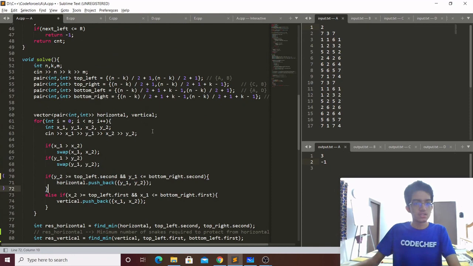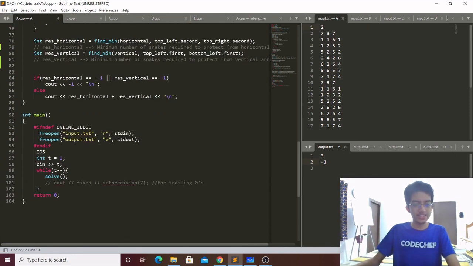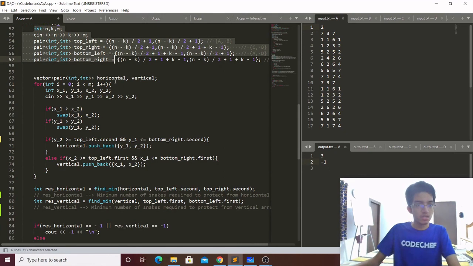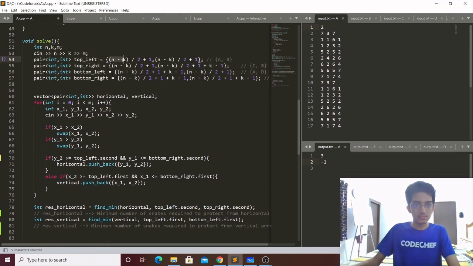For each test case we are taking input. Okay, fine, and these are all constant time operations. Since n and k are given, simple division operation and addition do not take any time, so all of the above process is O of 1.